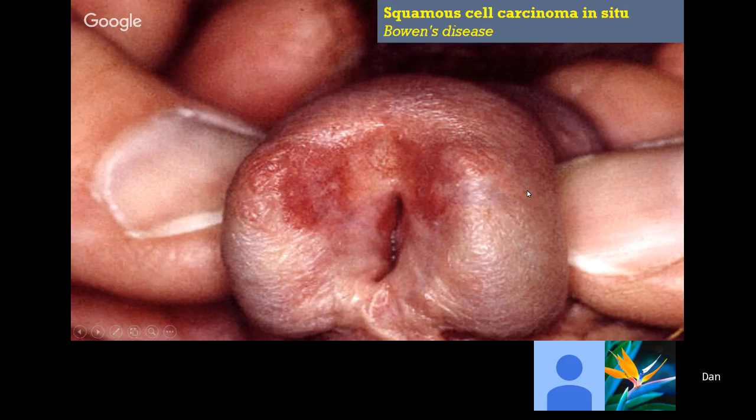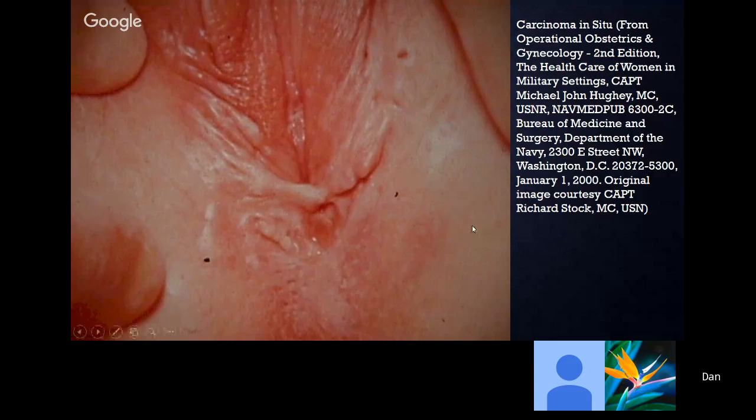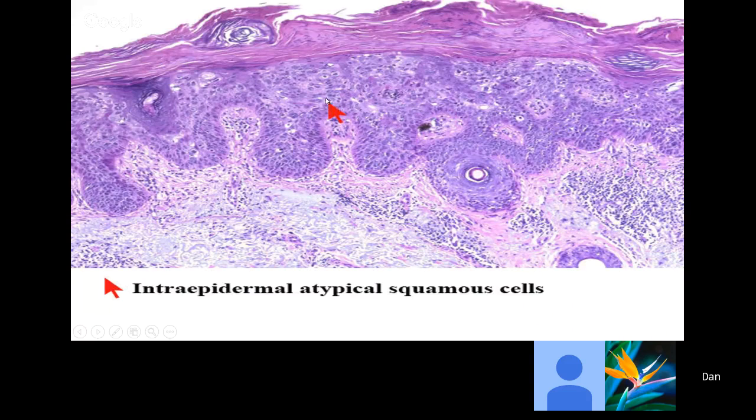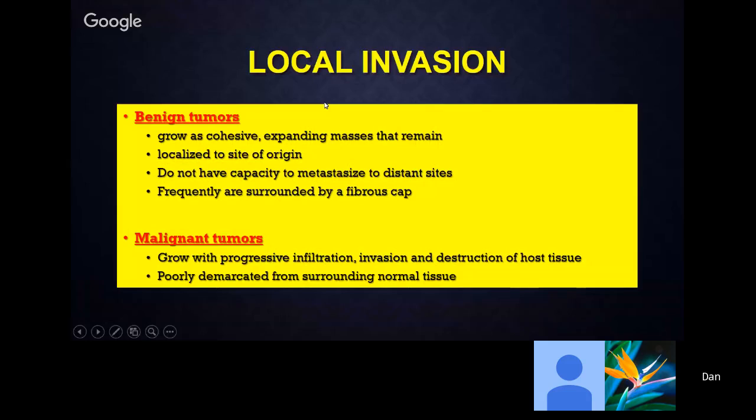Here is this carcinoma in situ of the vulva, and you see there's a lot of changes within this vulva, and that is the problem. This is the dysplastic, atypical squamous cells. But for USMLE, this is not for Step 1. Maybe for Step 2, yeah, but for Step 1, just remember that it's just localized.